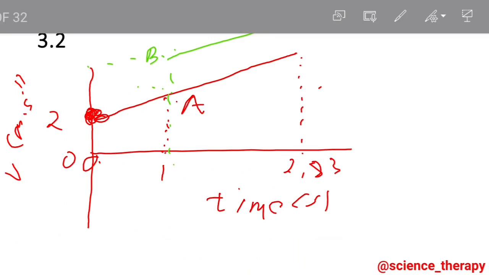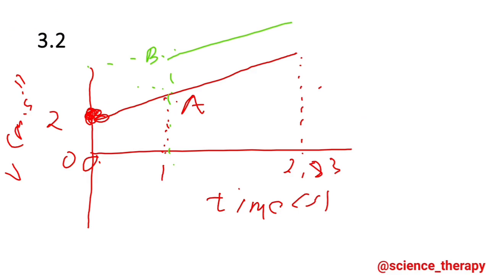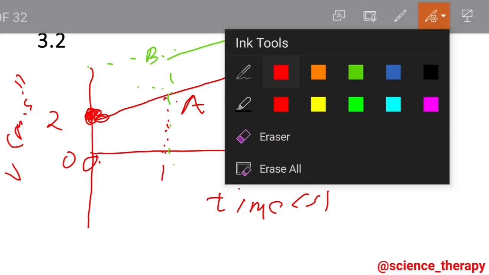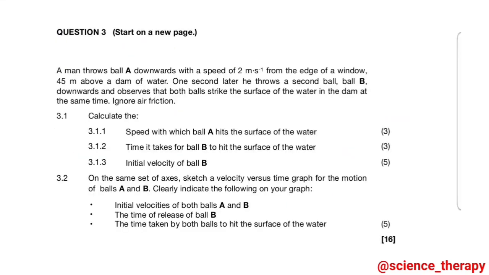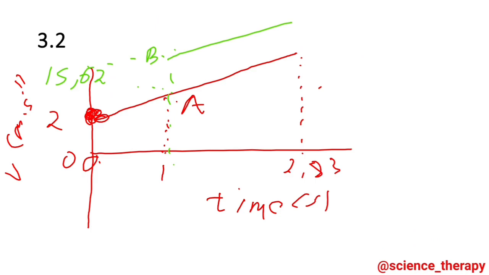So that's it for 5 marks. You have that for 5 marks for indicating all those. We need to also indicate the velocity of ball B. So remember it's 15.62. Yes, 15.62. And that's how you have it. We have the velocities. Let's check if everything is in order. Initial velocities of both balls A and B. Those are our initial velocities, 2 and 15.62.